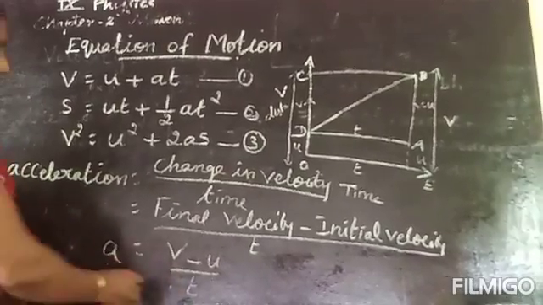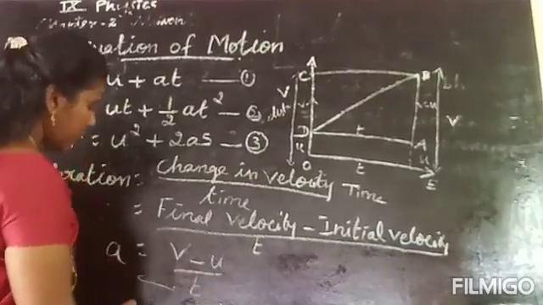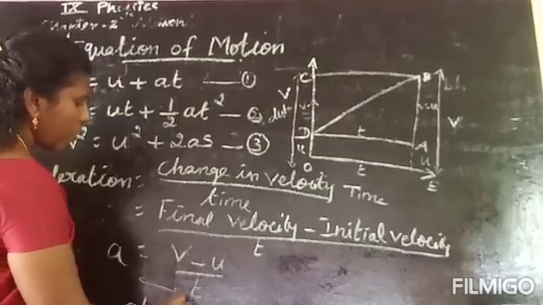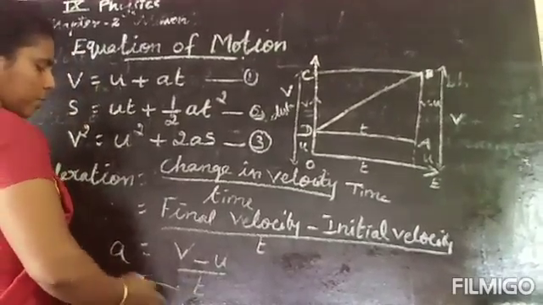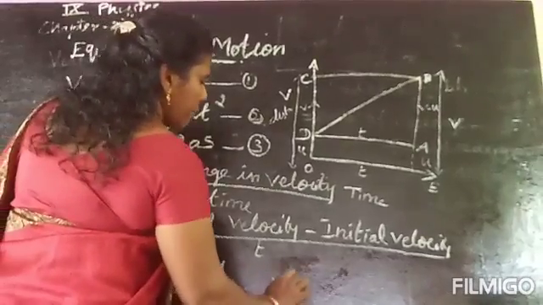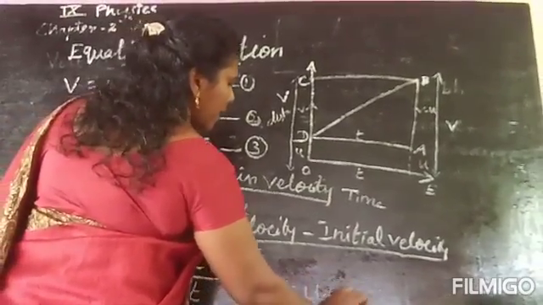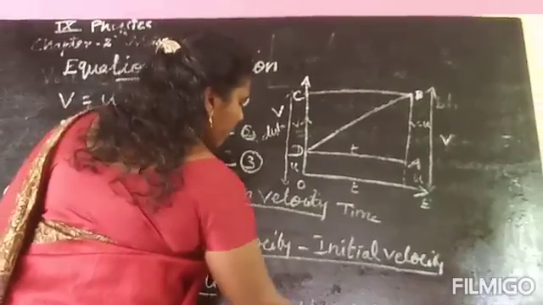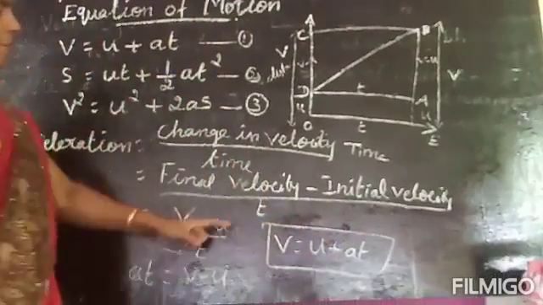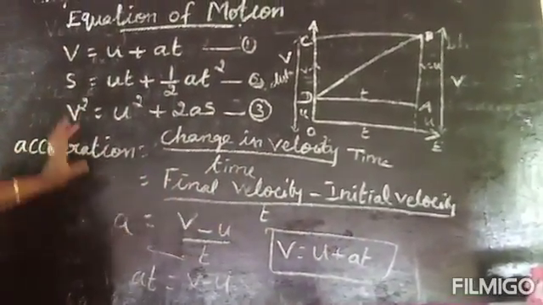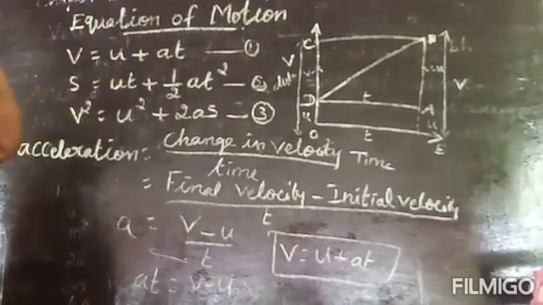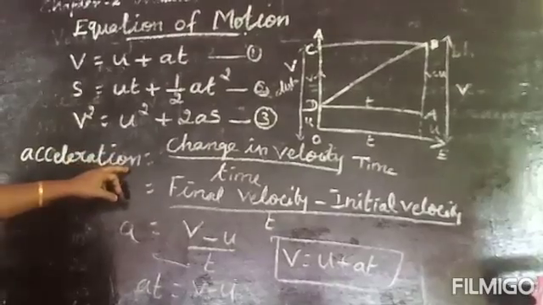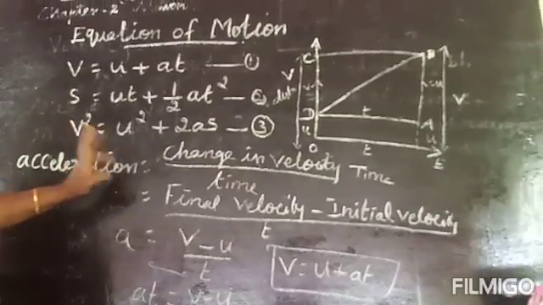This T you have to multiply here, so you will get AT equal to V minus U. Next step, this minus U take to the opposite side. So you will get V equal to U plus AT. This is the first equation, V equal to U plus AT. So we have derived the first equation. Which formula did you take? The acceleration formula.